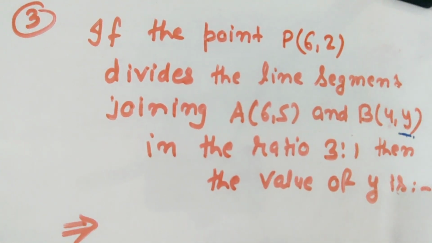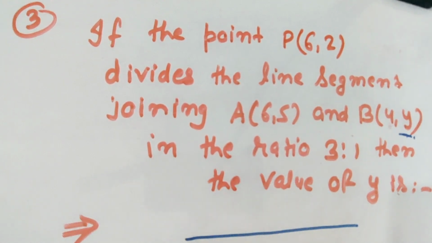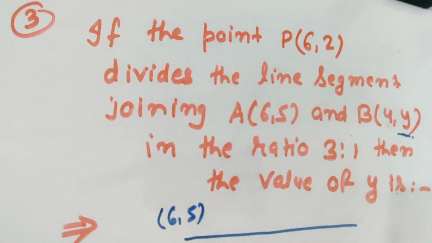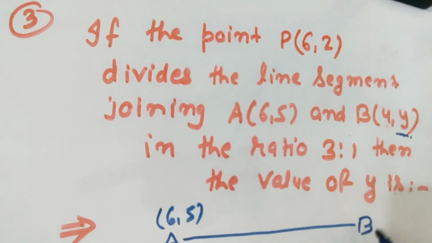How can we solve this question? First you draw one line segment. This is the line segment, with point A here, 6 comma 5, and here B, whose coordinate is 4 comma y.